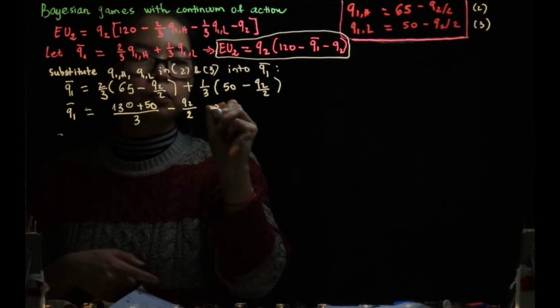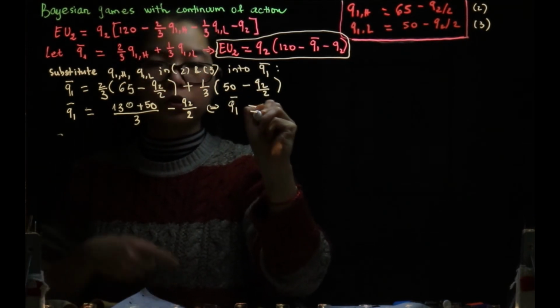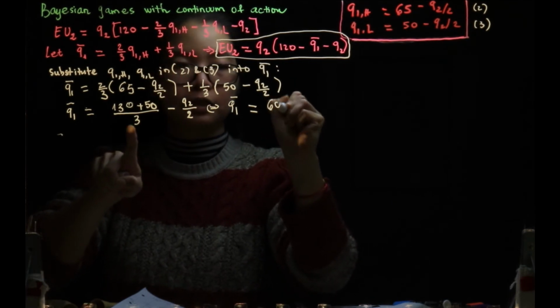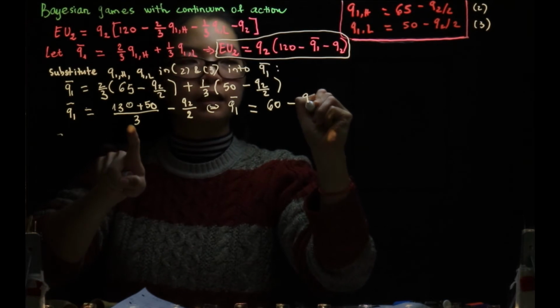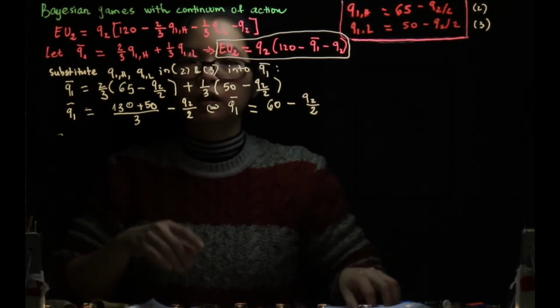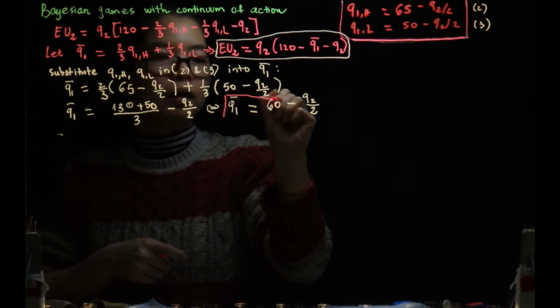Meaning, let's put it here to save space, Q1 bar equals 180 over 3 is 60, right? Minus Q2 over 2. And let's give it another box over here.